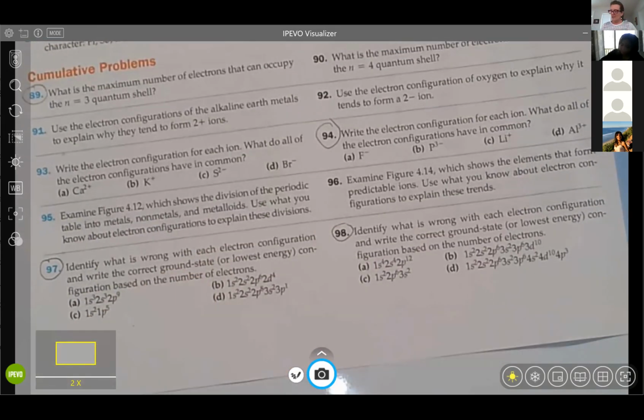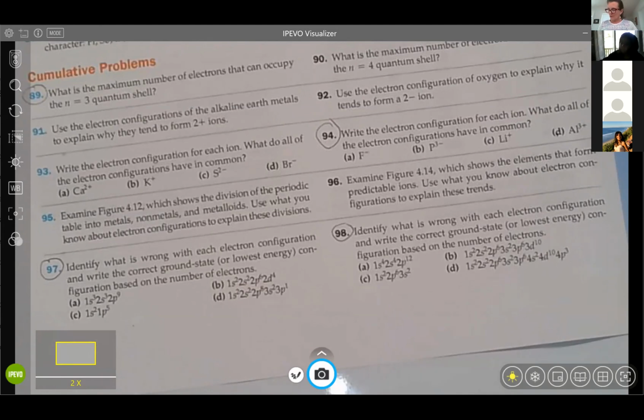So this is all the electrons that have a quantum number of 3. And we know that every orbital can hold 2 electrons, right?